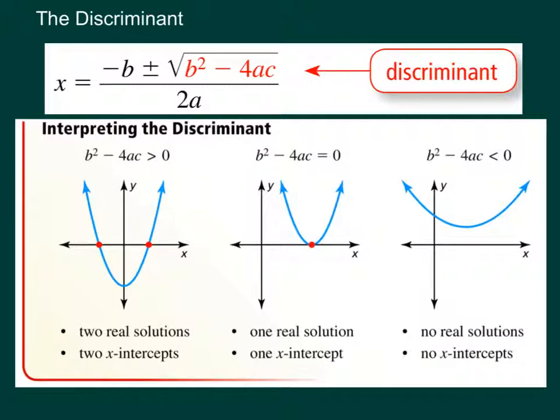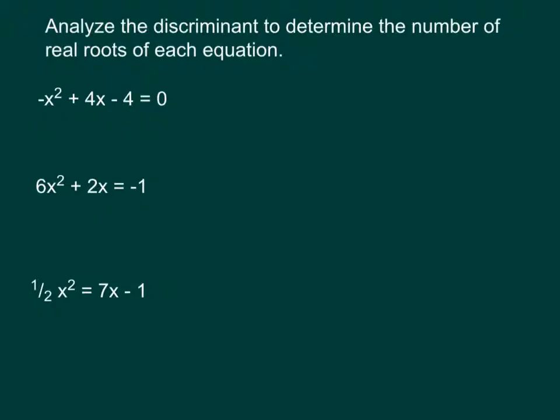All right, so now that we have that as a basis, let's see what we can do with it. For each of these problems here, we're going to analyze the discriminant to determine the number of real roots of each equation. So I just need to figure out what is the discriminant of each one using b squared minus 4ac. So for the first equation, I've got it in standard form.